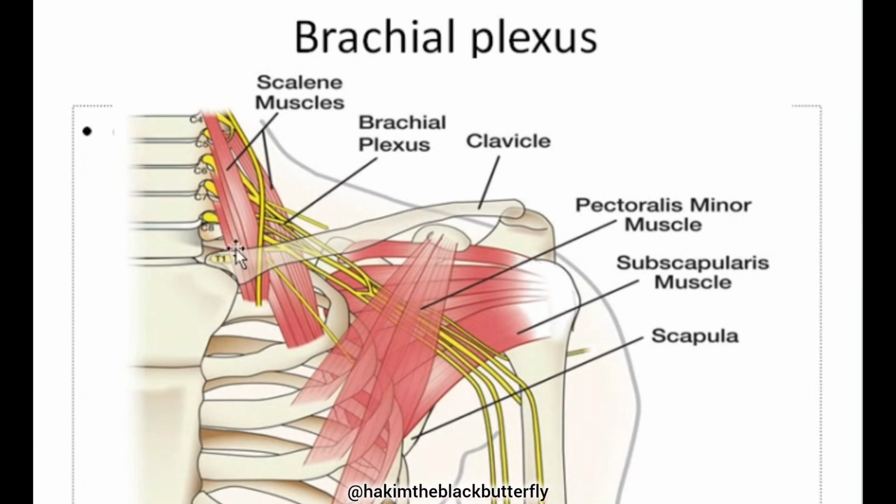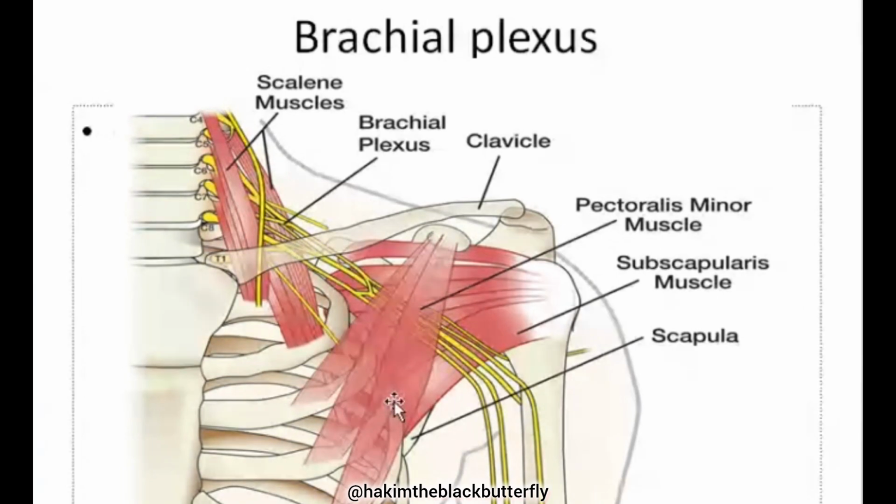So this network of nerves at the root of the neck and the axilla is what we call the brachial plexus. The muscles of the upper limb are supplied by these nerves, the nerves of the brachial plexus.